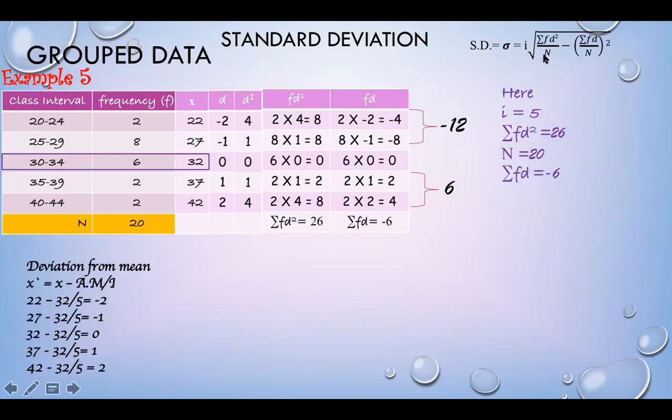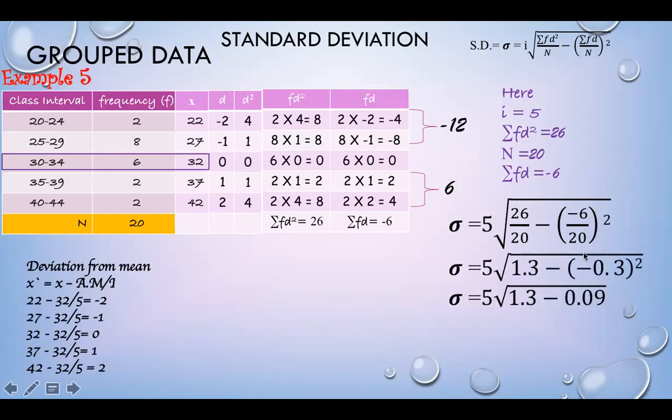Putting these values in this formula, the standard deviation will be equal to 5 multiplied by under root of 26 divided by 20 minus minus 6 divided by 20, whole square, okay? Then the standard deviation will be equal to 5 multiplied by 1.17, that will be equal to 5.85. So this data has a standard deviation value of 5.85.